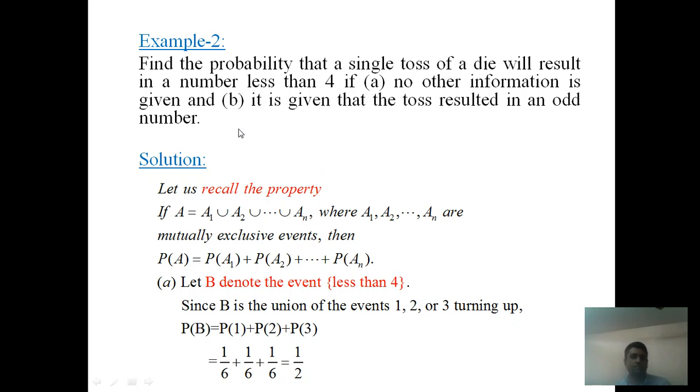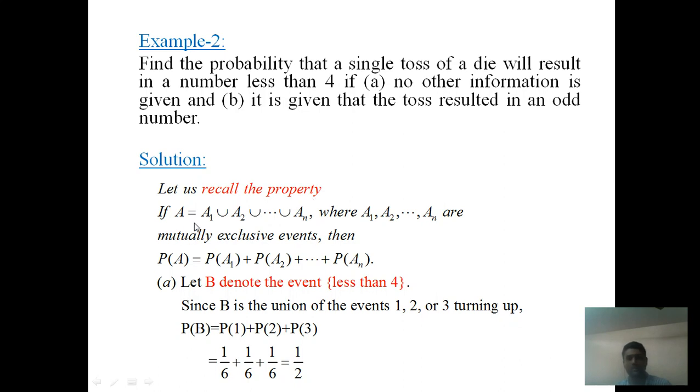Let's see the example. Find the probability that a single toss of a die will result in a number less than 4. The first option: no other information is given. The second option: it is given that the toss results in an odd number. So let's start the solution. Let's recall the property.